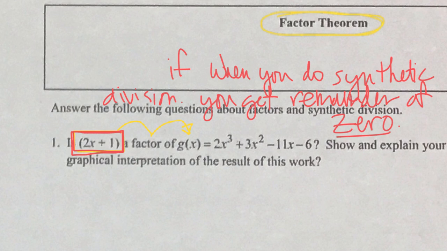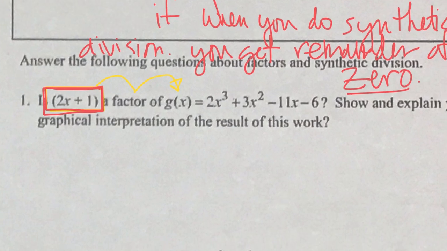So we're going to do synthetic division to see if we get a 0 as the remainder. If we do, that means that is a factor of your polynomial. And if you don't, then it's not a factor of your polynomial.